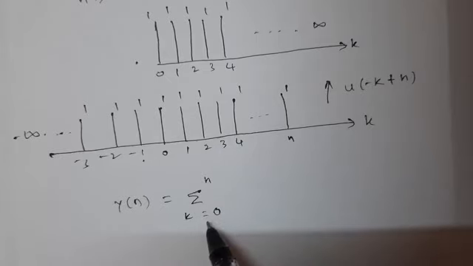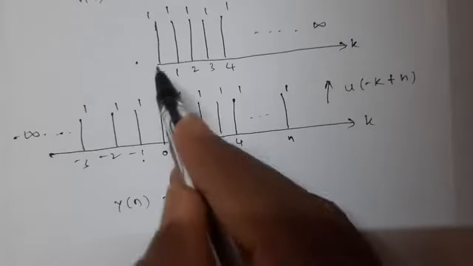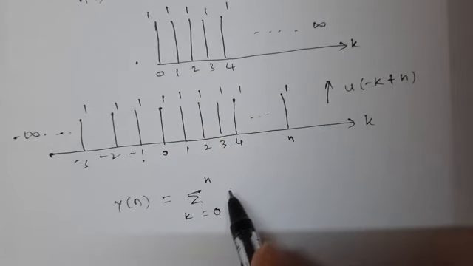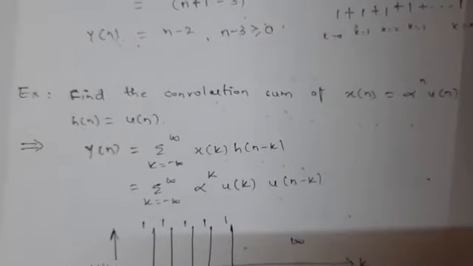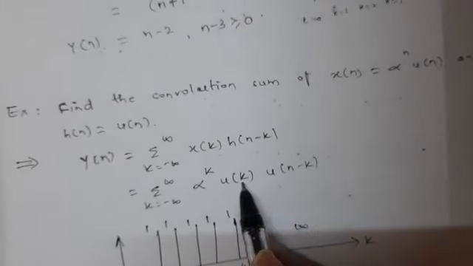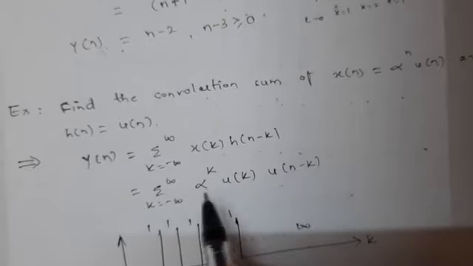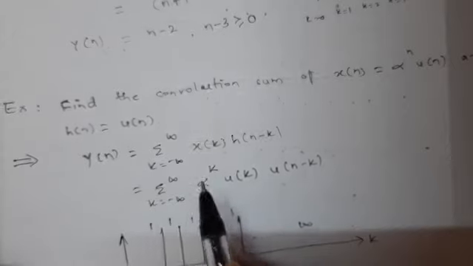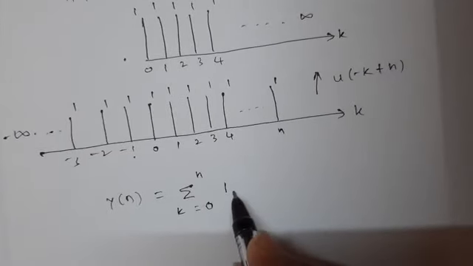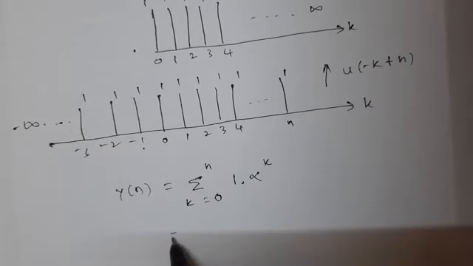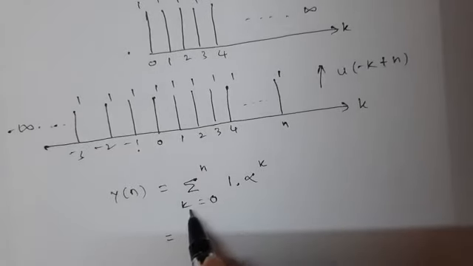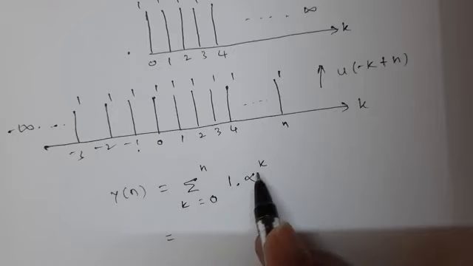So the summation becomes summation k equal to 0 till n, and which is 1. Why? Because u of k into u of n minus k is 1 into alpha to the power k. I have to write this into alpha to the power k. So what is your formula for summation k equal to 0 to n alpha to the power k?